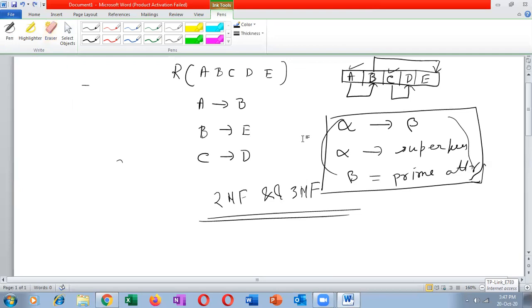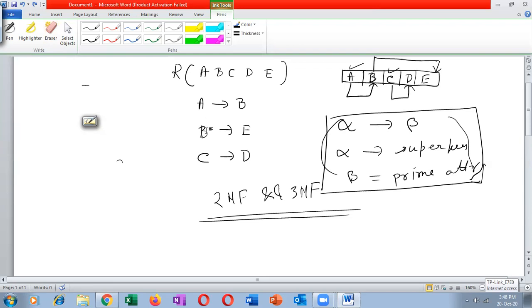Now I can see, which functional dependency should you check first? Whether A to B. I don't have any super key at the left or any prime attribute at the right. So this dependency is creating a problem for me.